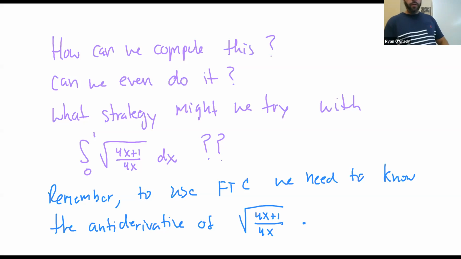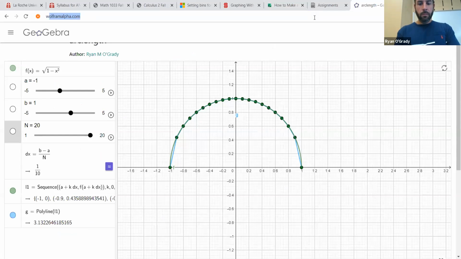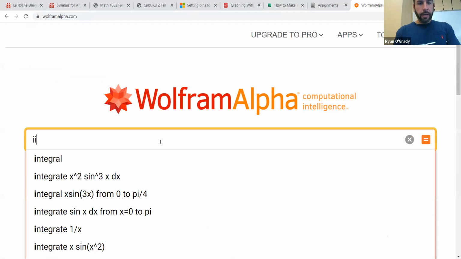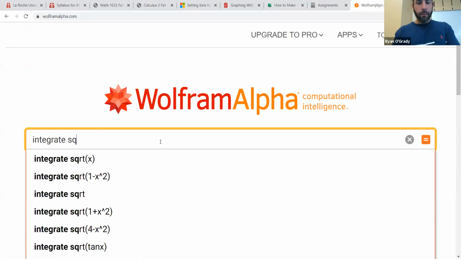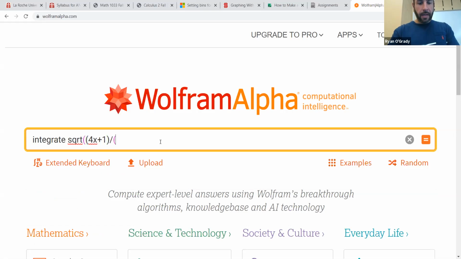And by the way, what Zafalgar is pointing to is, if I were to go to Wolfram, let's do this real quickly. If I went to Wolfram and I just say integrate, we've got to be careful how we put it in. So what is this? This is square root, and then the numerator is 4x plus 1. Then we have to divide by 4x.